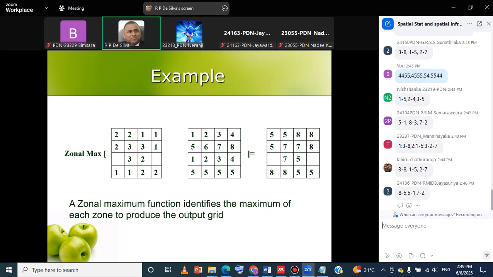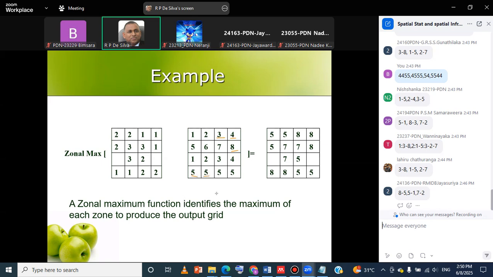If you look at zone 1, we are defining zonal range. So we look first at the values of zone 1. This is a cell, this is a cell, this is a cell we are looking at, and this and this.